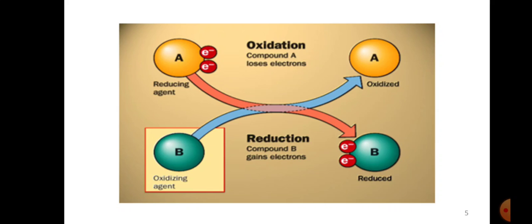So first, let us see the oxidation reaction taking into consideration compound A. Here, compound A loses electrons and gets oxidized. Now let us see the other reaction, that is reduction with respect to compound B. Compound B gains electrons and gets reduced.